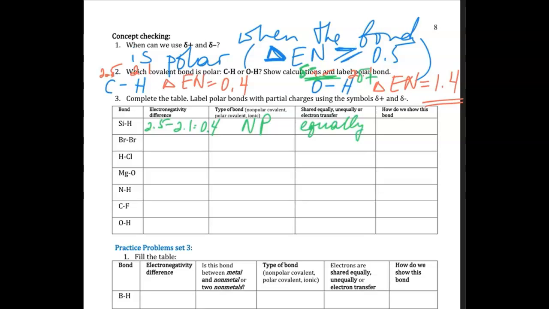That means this bond is non-polar, so they're sharing equally.